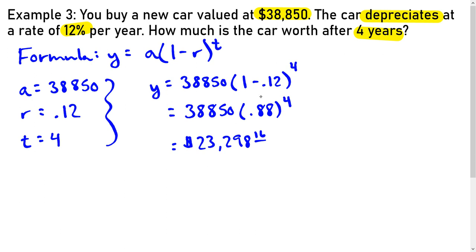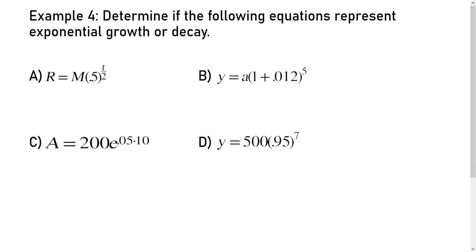So this is kind of a segue into what we're going to be taking a look at next, which is identifying through just visual inspection, is something exponential growth or is it decay, without needing to understand or see the kind of critical words that are there, all right? So example 4 says, determine if the following equations represent exponential growth or decay. So we need to remember that growth, okay, growth, we always have like 1 plus an interest rate.